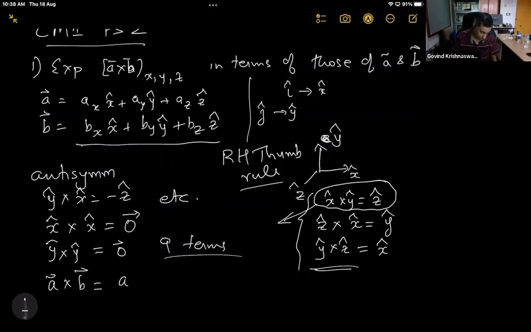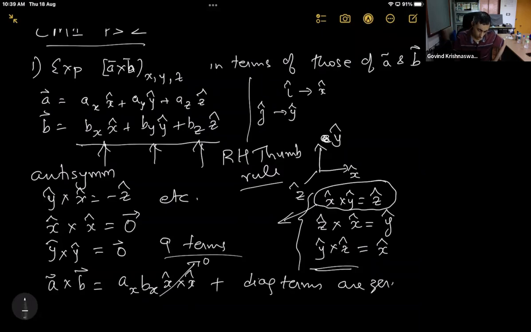So let me start with the first one, AX, BX, X cross X, which happily is zero. All the diagonal terms are zero because Z cross Z and so on are zero. Then you have some of the off diagonal terms.